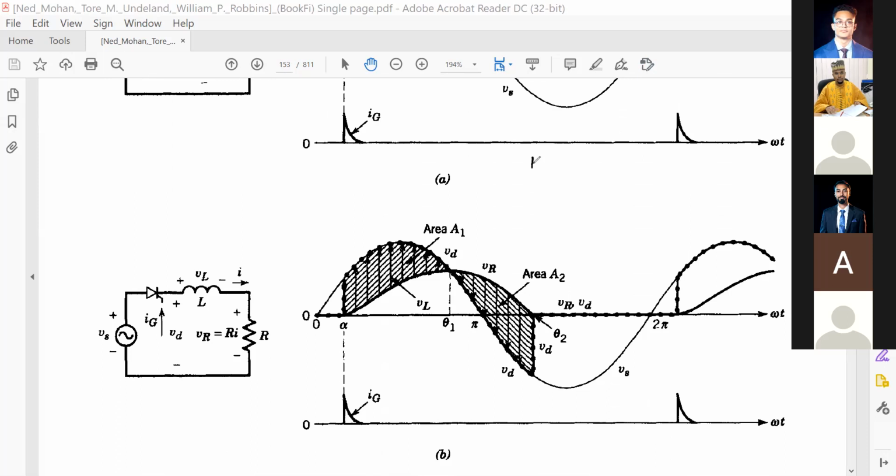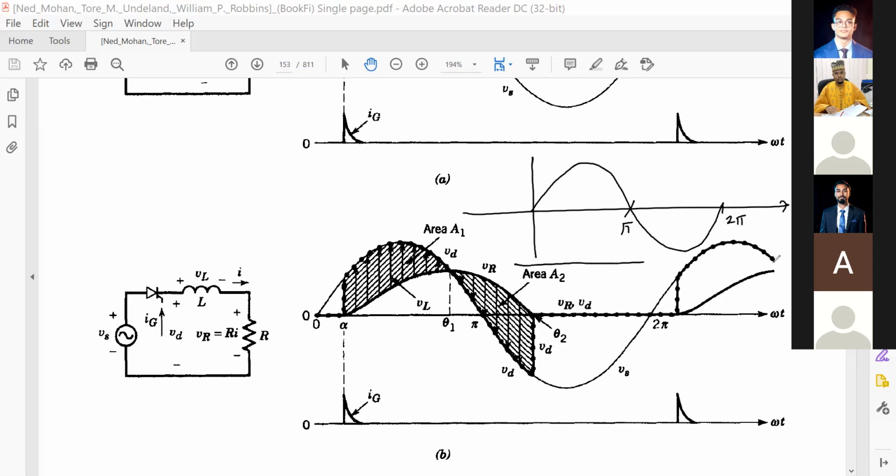Let me draw by myself. This will be your input voltage, and we have applied a gate signal here, alpha. So this is the RL circuit.